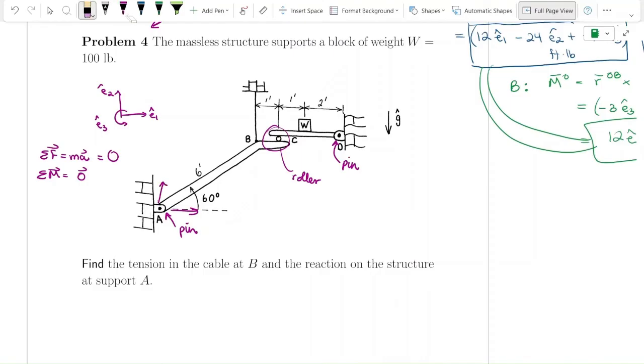You can pick the directions arbitrarily, but just know that it has some force in the planar direction.